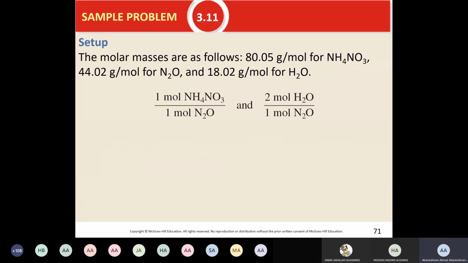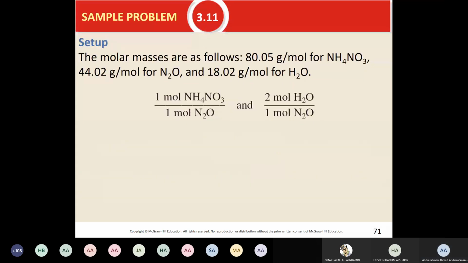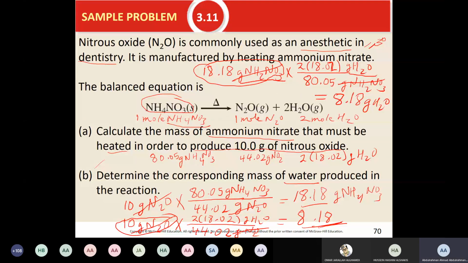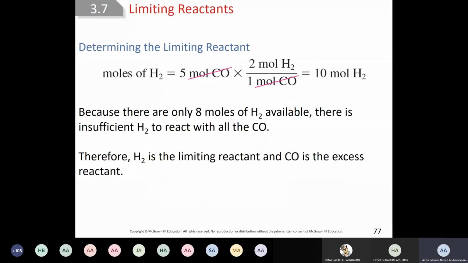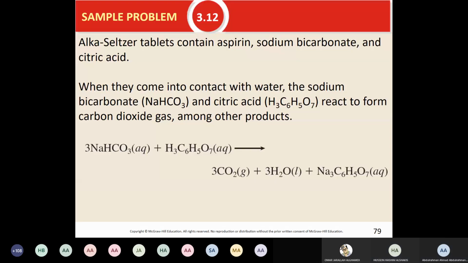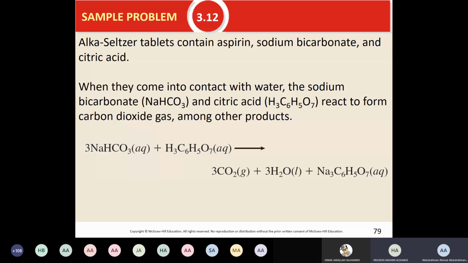Let's do one more time in the same area. Let's go back. As I said, whenever you have a chemical reaction like this one, concentrate on the chemical reaction only.